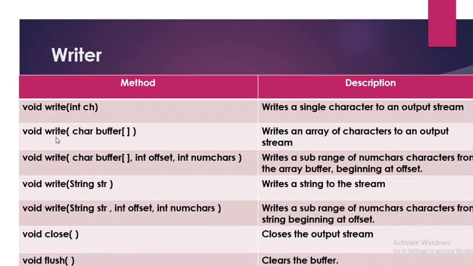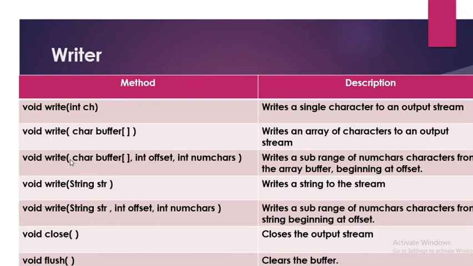Next, write overload, write(char[] buffer). As an argument, we have a character array; here, I am using the character array name as buffer. It writes an array of characters to an output stream. So whatever character array we have here, we are going to write it into the output stream.